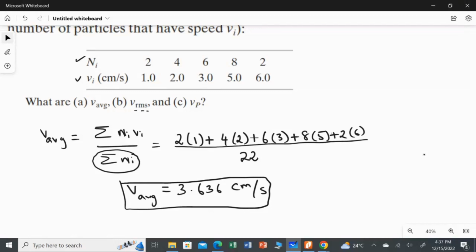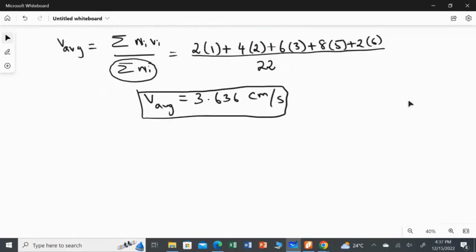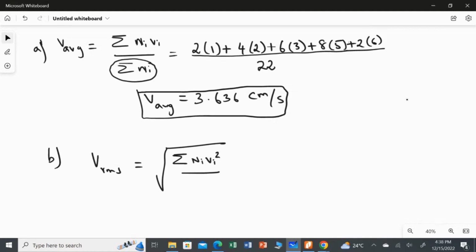For the B part, Vrms is given by the rule: square root of the summation of the number of particles multiplied by its speed square, over the total number of particles.